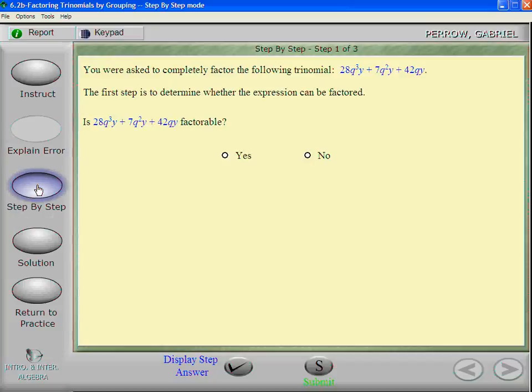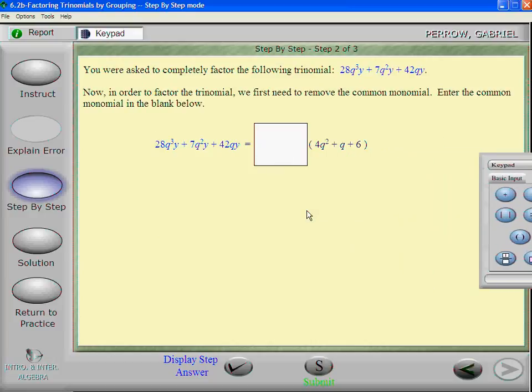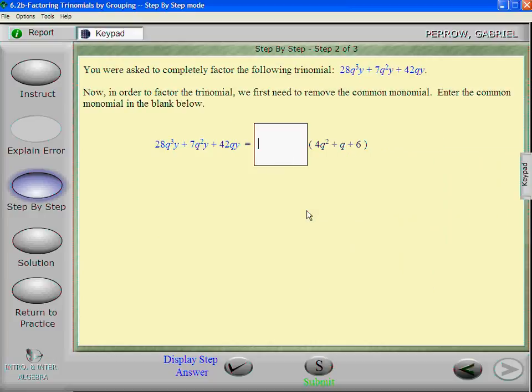So we'll see what tutor mode has to say for the steps. They want us to determine whether this can be factored. I'm looking at some common factors already in these terms. Definitely factorable. So they're helping you out a little bit by showing you what goes here, but you would arrive at that on your own by looking at the regular numbers and saying, well, 7 is the greatest common factor.